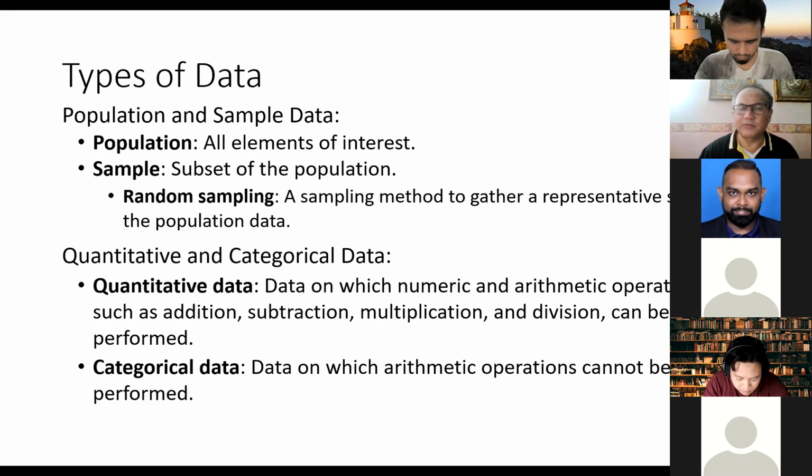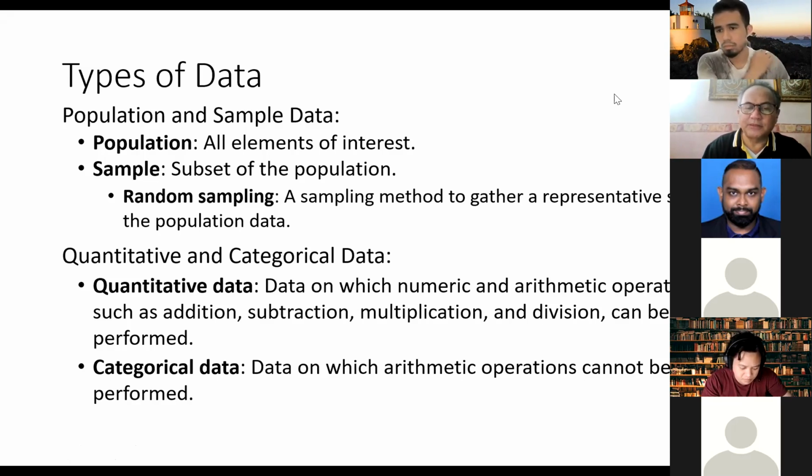There are different methods of sampling, but we don't cover them in this topic. If you do research methodology, they will teach you how to do stratified sampling and so on. But for this topic, we also learn about random sampling. Random sampling is a sampling method to get a representative sample of the population data.